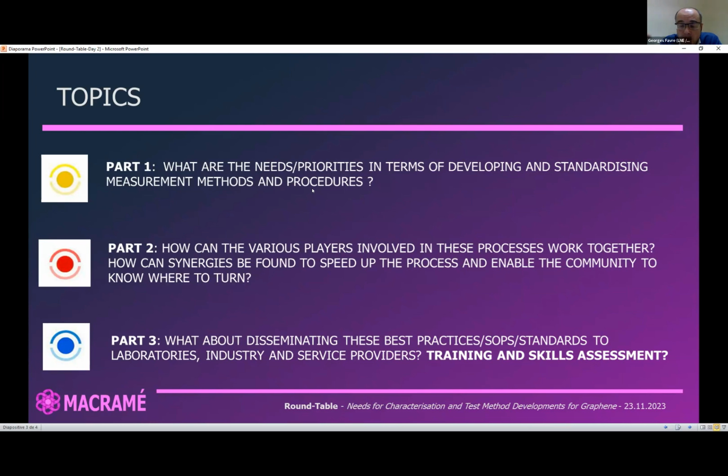We are talking a lot about validation of methods, but after that, the testing laboratories need to implement and use these methods, and it is important to discuss how these laboratories can be assessed regarding their skills on this point. So just to begin with, maybe if the audience has some question regarding the 3 points, otherwise I can start the roundtable. Does someone in the audience have a question already?